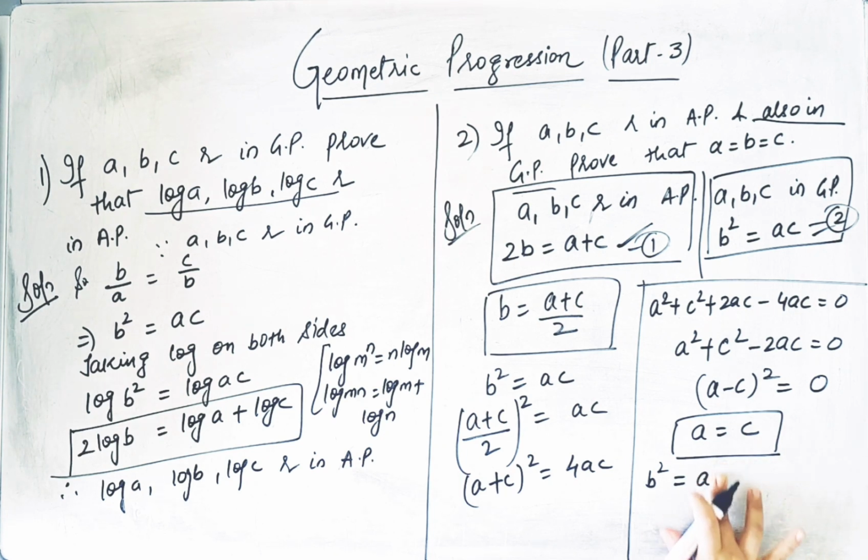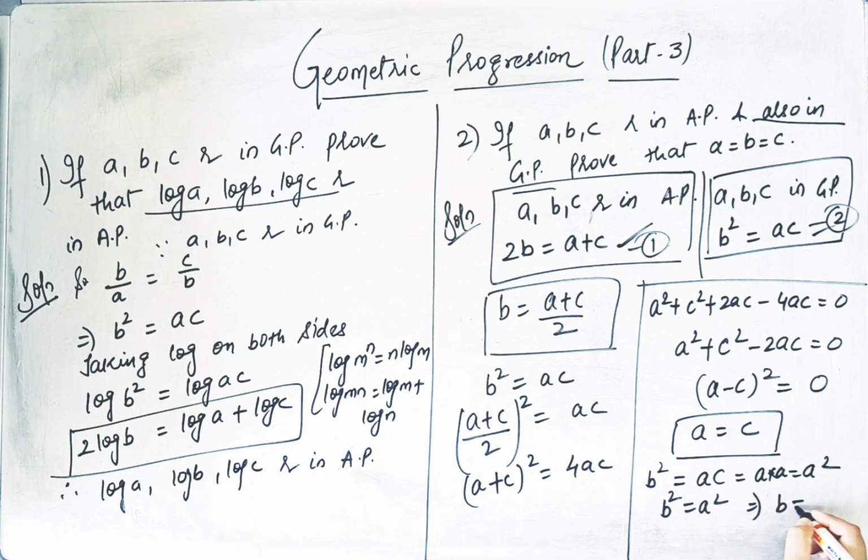So in place of C, we'll write A; A into A gives A square, and thus B square will be A square. This implies that B equals A. Hence, we have proved A equals B equals C.